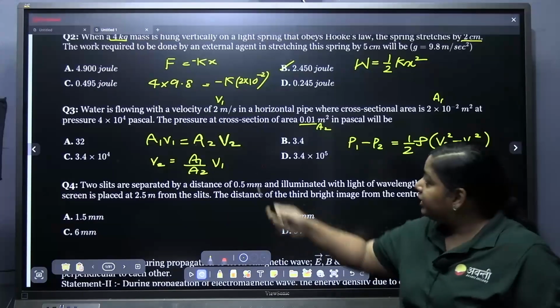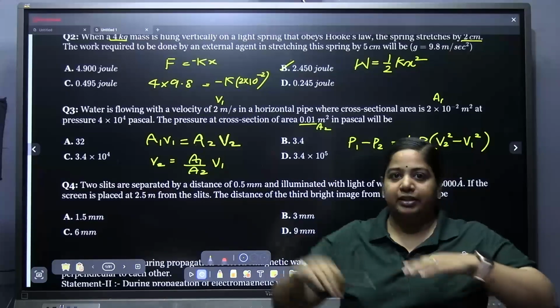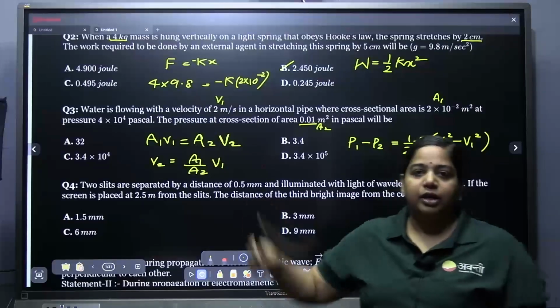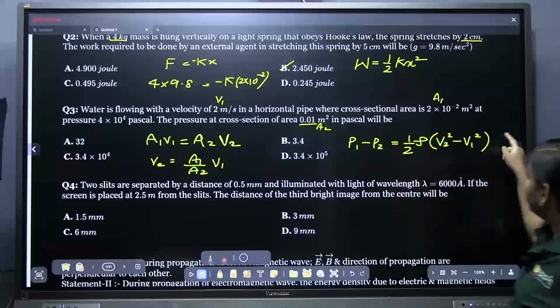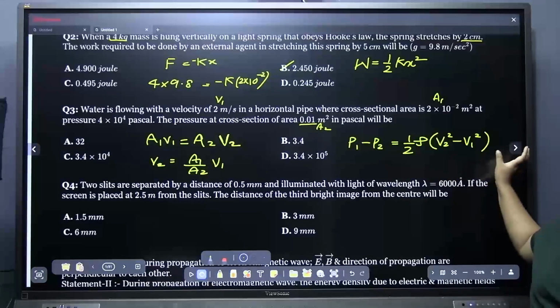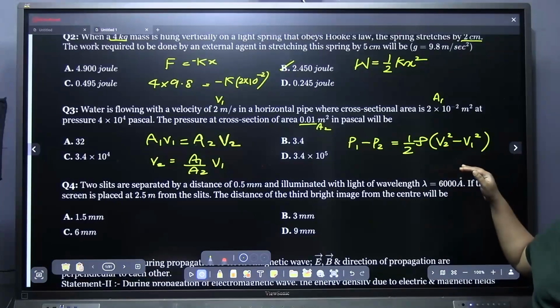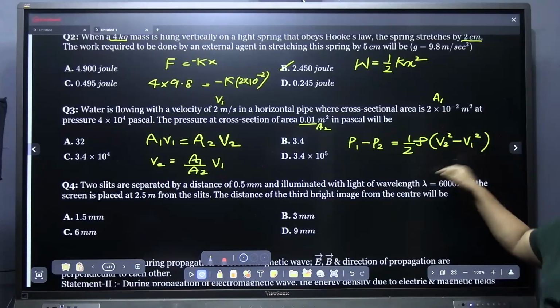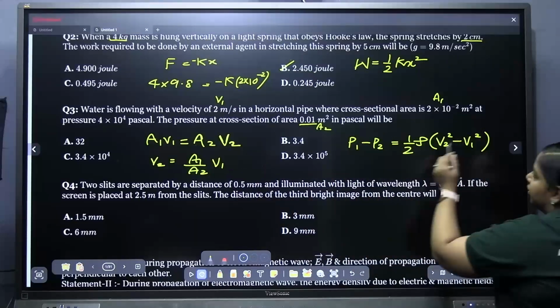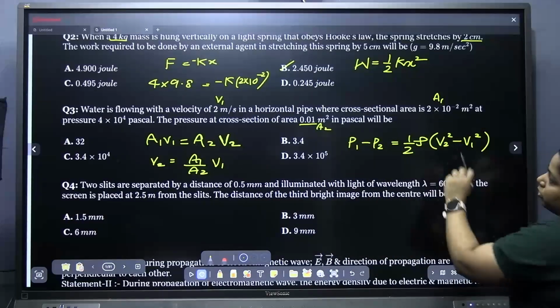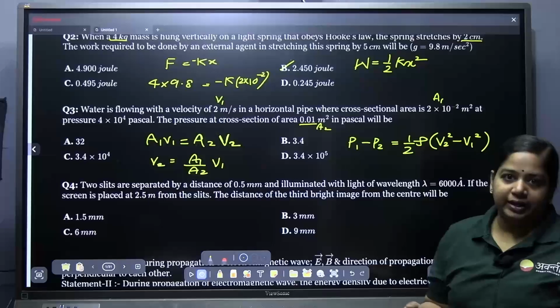If it is given that it is a horizontal pipe, like there is no height difference in the pipe, you can directly use this. If there is a height difference, then you have to add one more term here, that is the change in potential energy of both cases. Otherwise this equation is fine. So first you can find V2, then substitute V1, V2 here. Rho, it is said to be water, right?